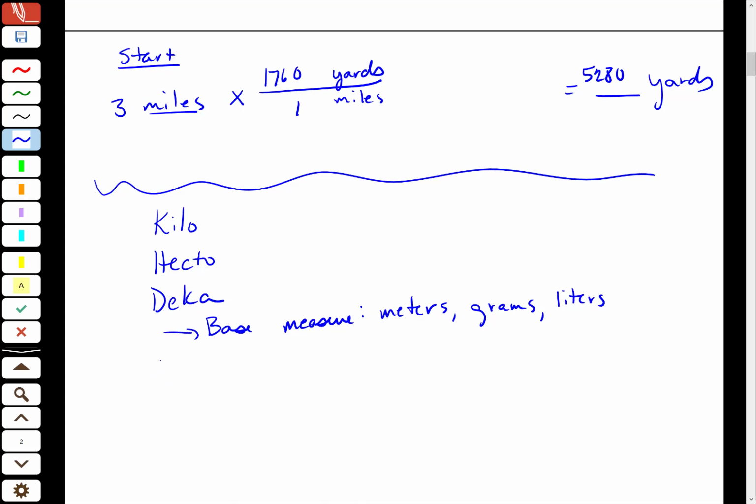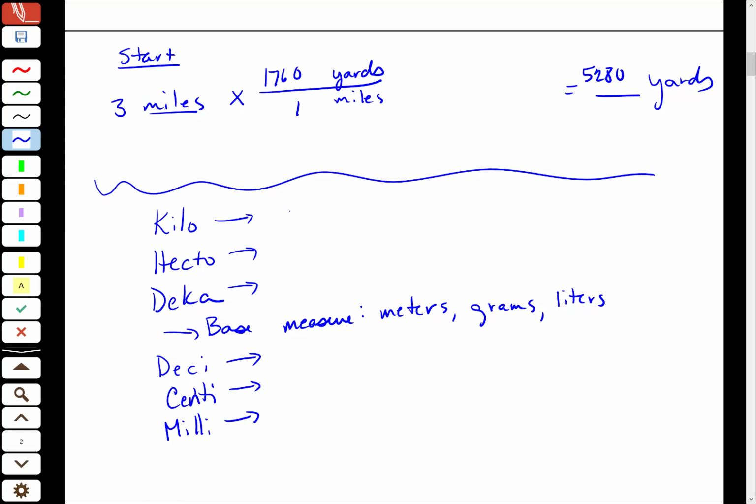Then we have the decimeter and centimeter or centiliter or centigrams, and then millimeter. So it has all of these prefixes, and they tell you what it is compared to the base.